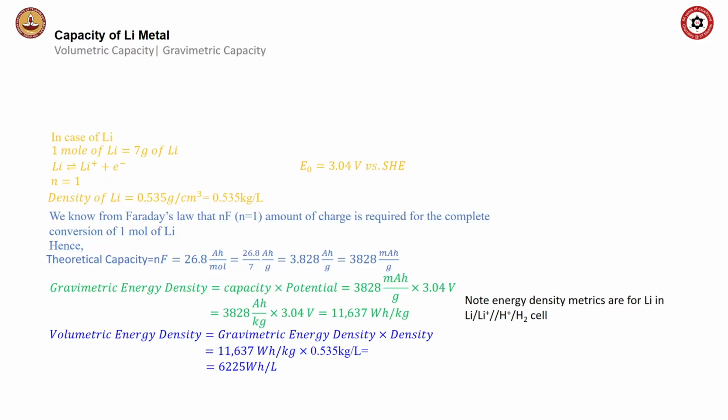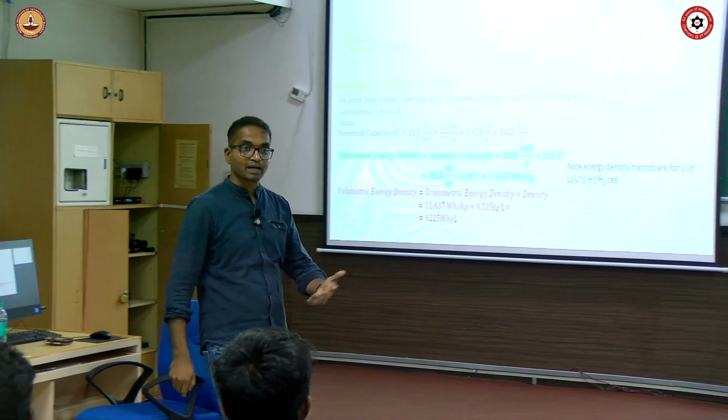So this is all we have done. Theoretical capacity can be written as 26.8 ampere hour per mole. Why? 1 mole of lithium can give 1 mole of electron. 1 mole of electron is 26.8 ampere hour. So 1 mole of lithium will give this much only. And 1 mole of lithium is equal to this many grams. So this will come in the unit of milliampere hour per gram. This is the capacity of lithium. Why is it called capacity?